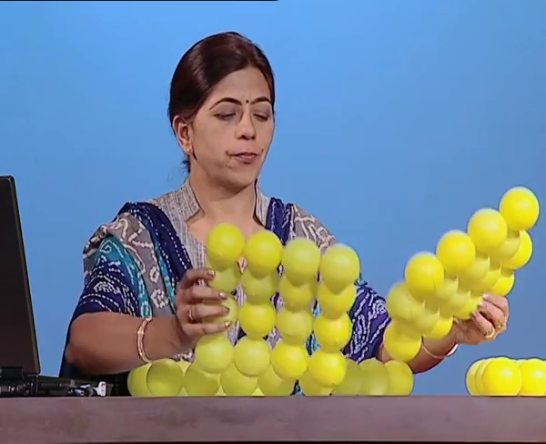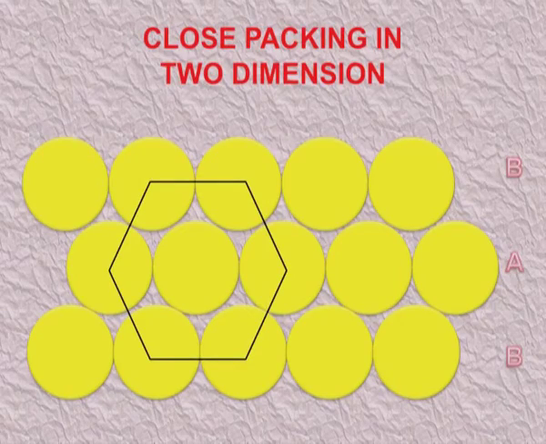Two dimensions means length and breadth. Just see the picture. You can see the balls of the A layer in the grooves of the B layer. A hexagon is formed when I join the centers of the touching spheres. So, it is known as hexagonal close packing.